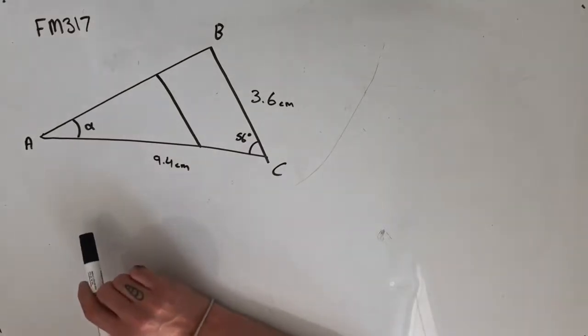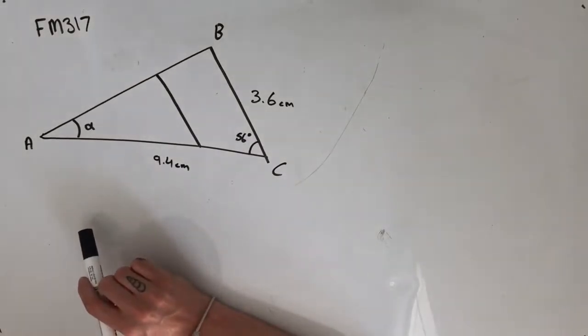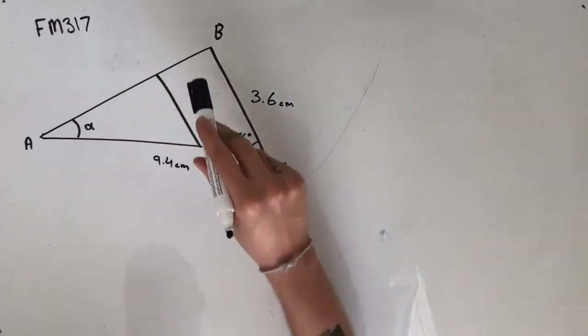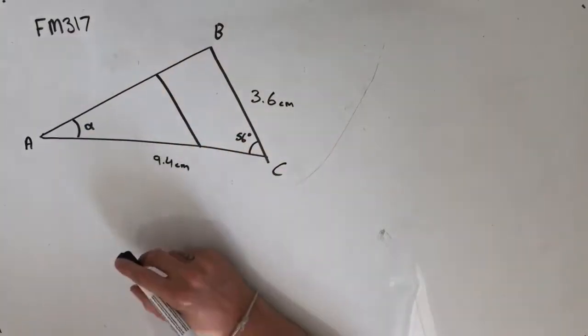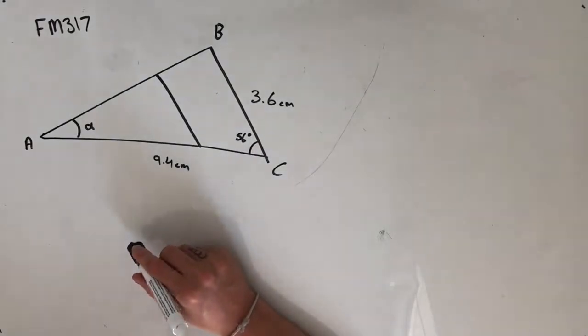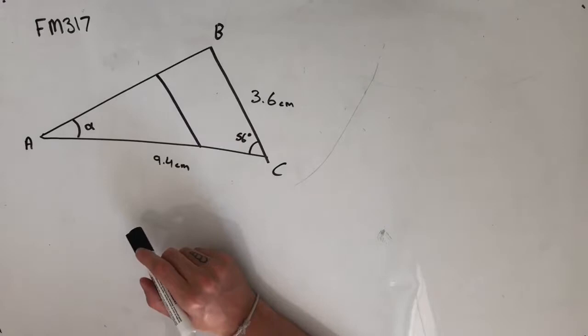And when we start looking to see if we can use the sine rule to help us answer this question, given that we haven't been told whether this is a right angle triangle or not, we can't really rely on trigonometry, so we're going to be using the cosine or the sine rule.